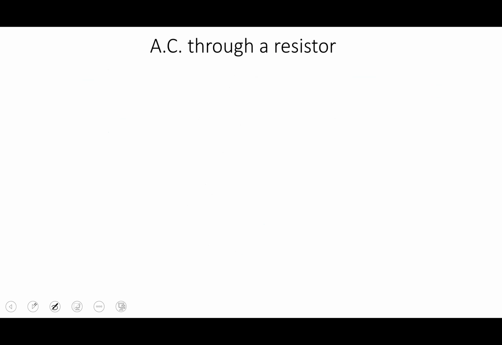AC through a resistor. First of all, the figure shows a resistor of resistance R connected with an alternating voltage source. At any time, the potential across the terminals of the resistance is given by V is equal to V naught sine omega t.